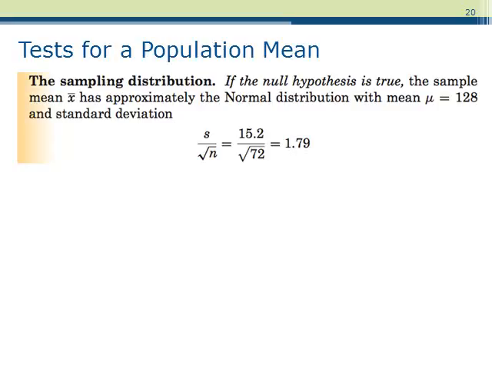If the null hypothesis is true, the sample mean x bar has an approximate normal distribution with mean 128 and standard deviation 15.2 divided by the square root of the sample size, which is about 1.79.